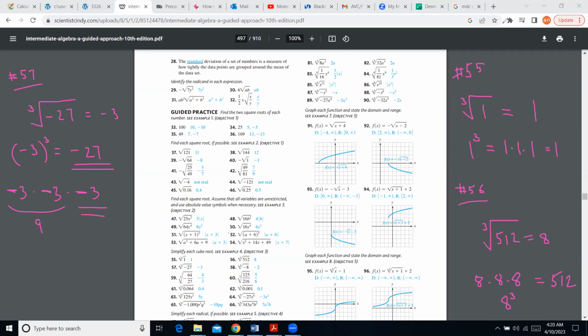But when you multiply 3 negatives, it's still going to be a negative. So like in problem 59, the minus still stays. And when I cube root 64, it's going to be 4, because 4 times 4 times 4 is 64. And in the denominator, the cube root of 27 is 3.